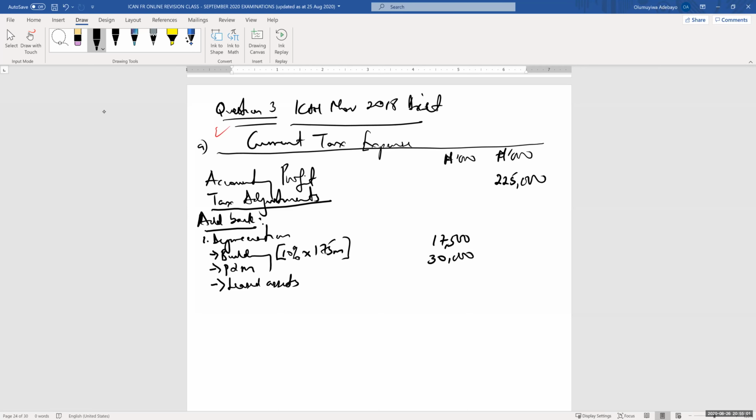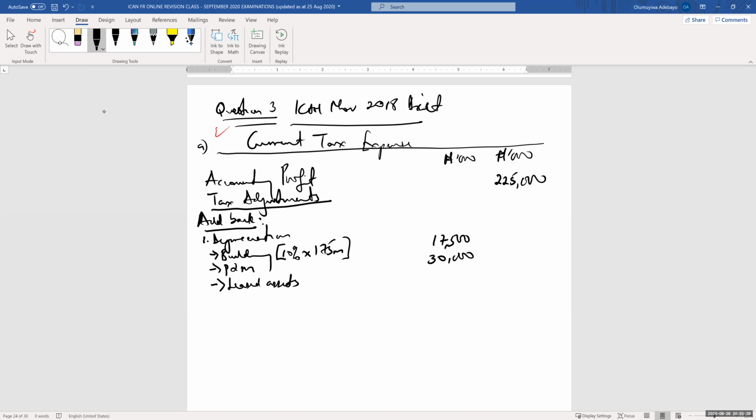First, we are given the balance after depreciation of 200 million as the asset under lease. And we are given information that the lease asset has 20% as the depreciation rate. If you go by that information, it means 20% depreciation on the straight line is equivalent to 5 years useful life.